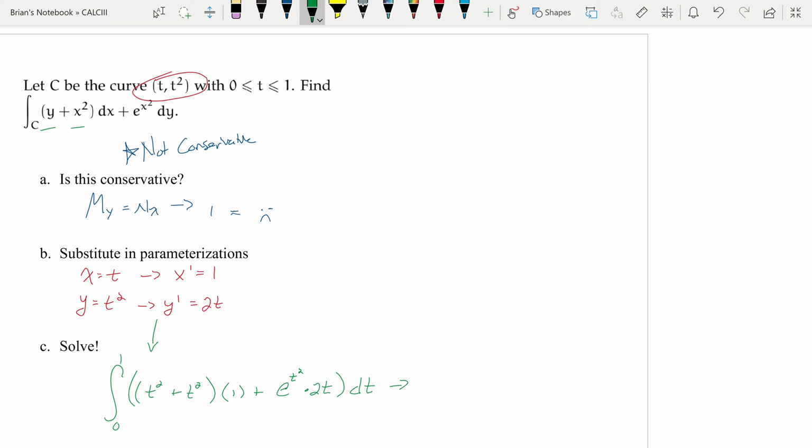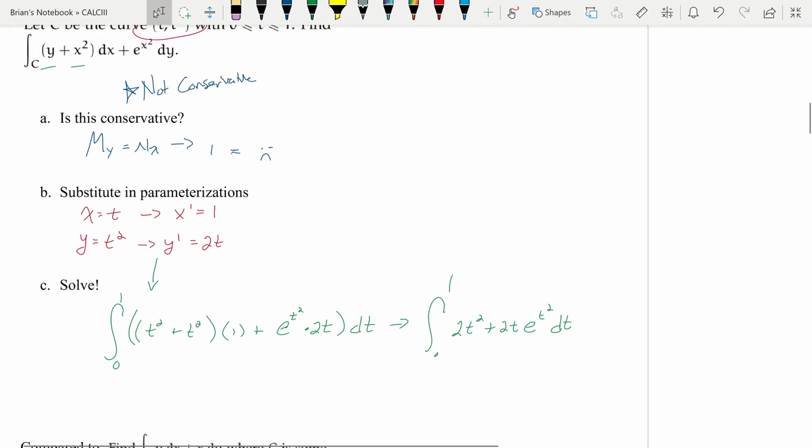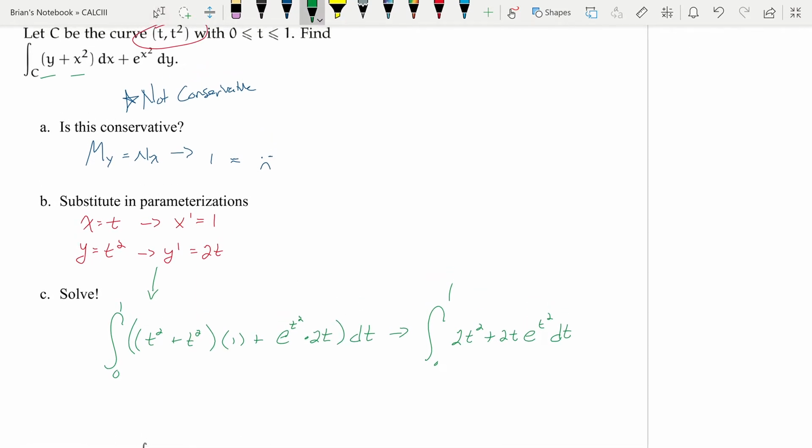Now we just solve that. I can solve it out for you guys if you want. It'll go from 0 to 1 of 2t squared plus 2t e to the t squared dt. After we take that, we can see some u substitution in there. So we take the integral of all of it. It'll be 2/3 t cubed plus, we'll say u is equal to t squared, du is equal to 2t.